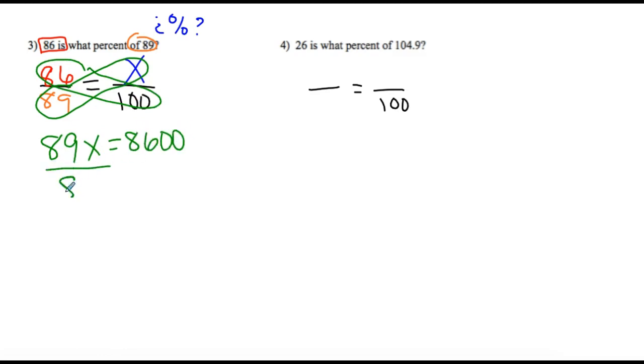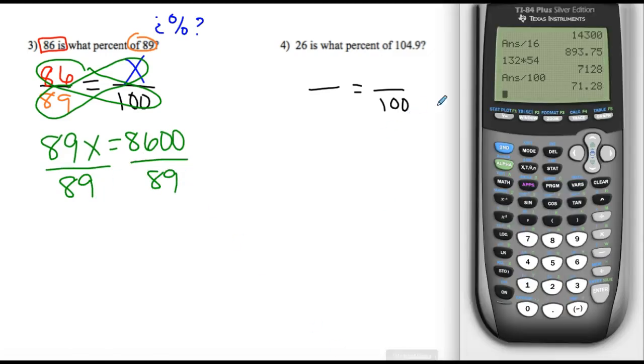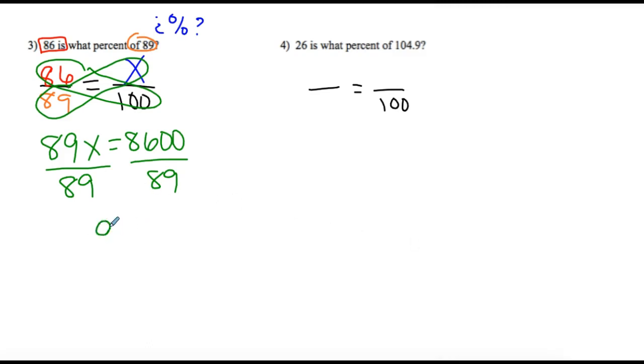Then I'm going to divide by my 89. So I get 8600 divided by 89. And that would be 96.6. So I'm going to do 96.6. And because my answer is a percent, I'm going to put my percent sign.